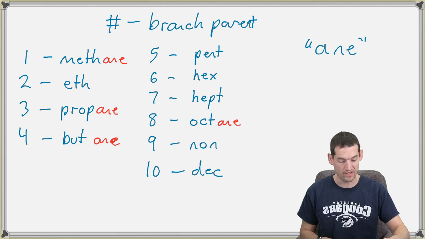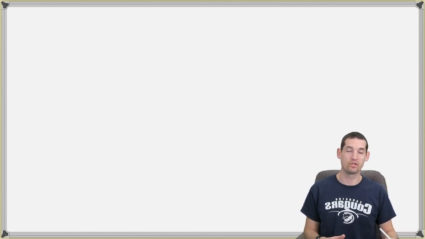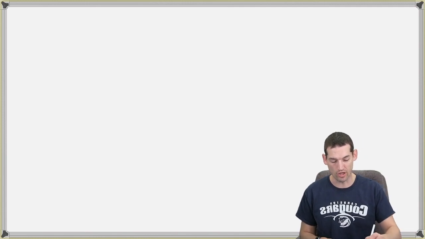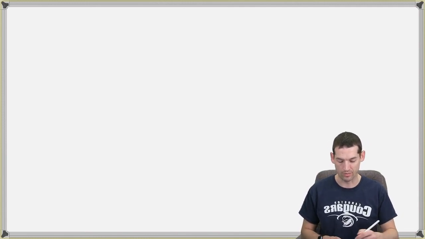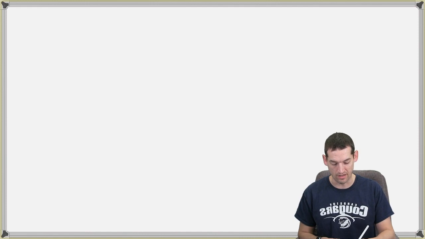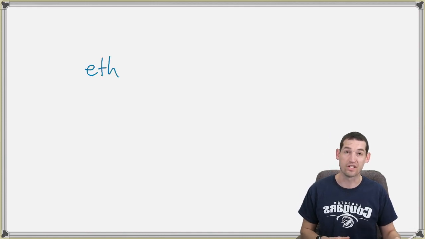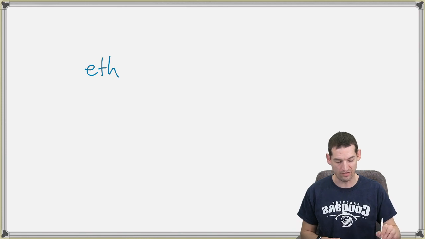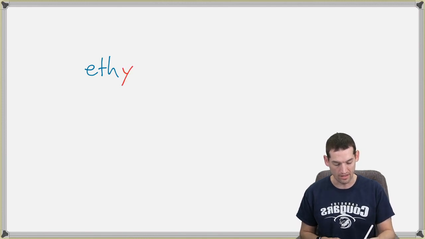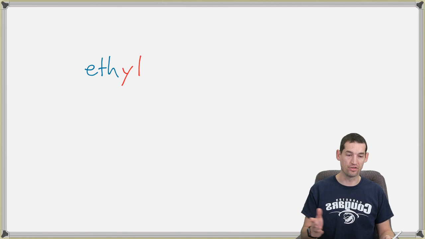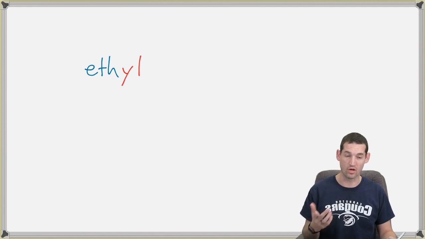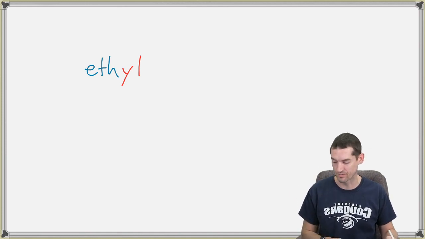Now, the next thing in your notes is, though, what do we do if we're naming a branch? If you have a 2-carbon branch, for example, that would be an eth, to say that it's a 2-carbon, and branches end in a suffix YL. So ethyl tells me that that's a 2-carbon branch, because the eth tells me 2 carbons and the YL tells me that it's a branch.